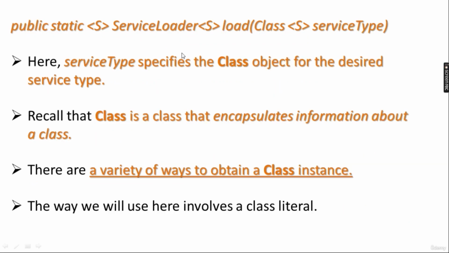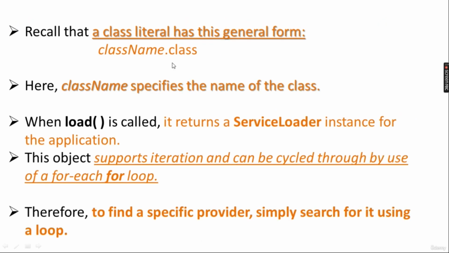A Class instance can be accessed using the class literal, whose format is ClassName.class, where ClassName specifies the name of the class. When load is called, it returns a ServiceLoader instance for the particular application.